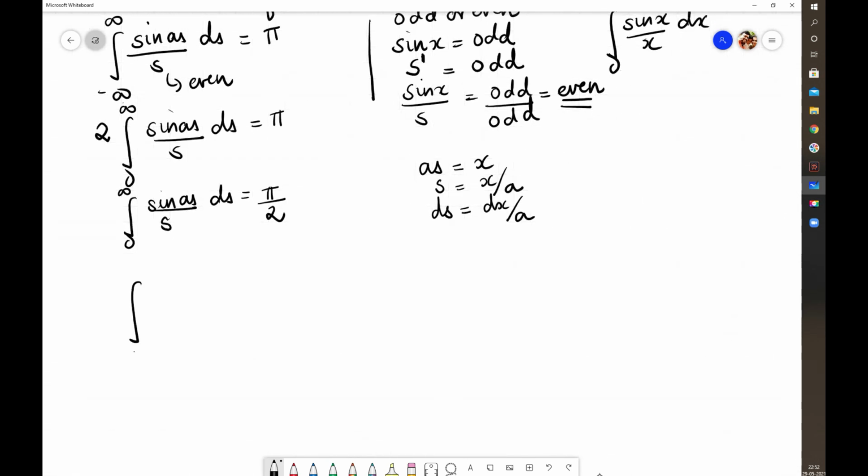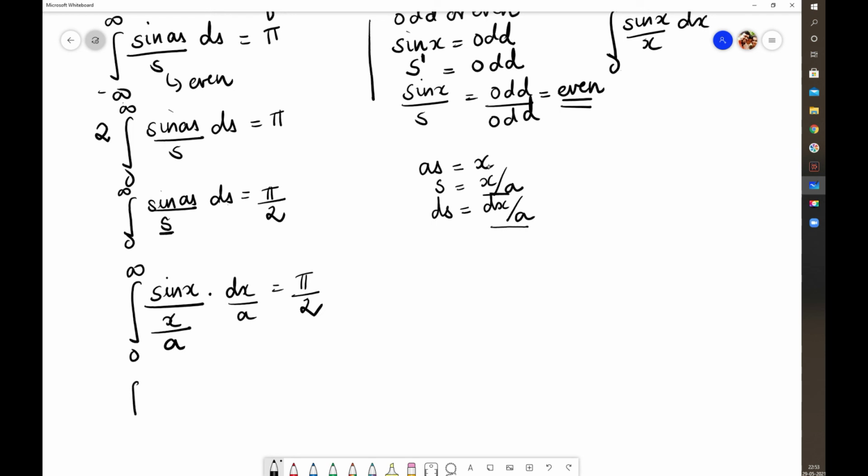So the integral from 0 to infinity, instead of sine as, what should I put? as is equal to x. So sine x by, what is the value of s? The value of s is x by a. So x by a into, what is ds? ds is dx by a. So dx by a is equal to pi by 2. So what happens?